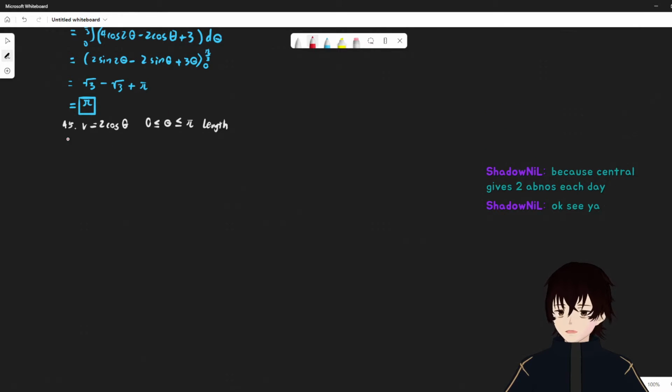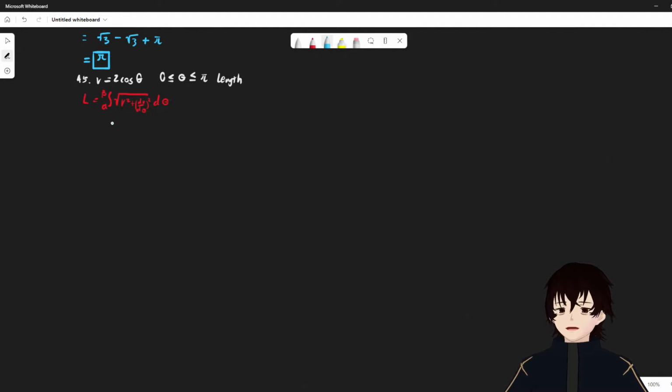Polar curve length can be calculated by L is equal to the integral from alpha to beta of the square root of r squared plus dr d theta squared d theta. At least it gives us all the bounds right off the bat.